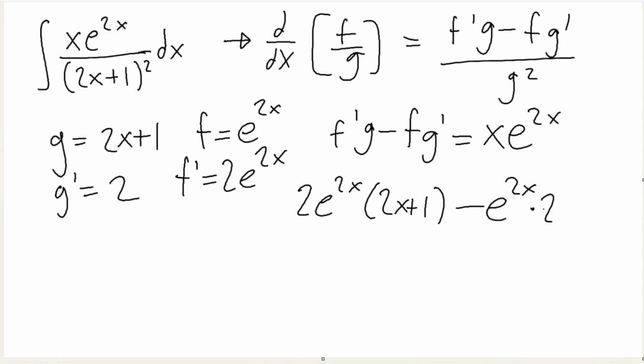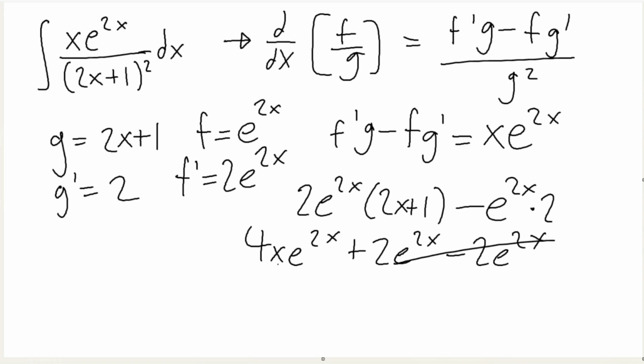If we simplify it, we get 4x e to the 2x plus 2e to the 2x minus 2e to the 2x. This cancels out. So here it does not equal this, but that's only because of this coefficient. That's all we need. So we just need a 4, and so we just do one fourth.